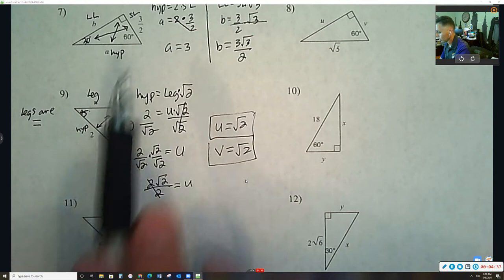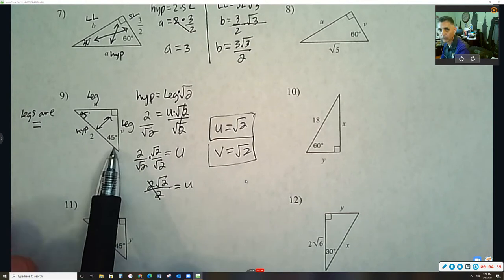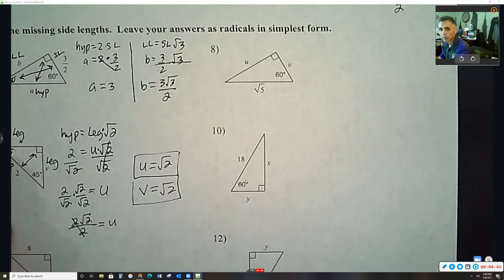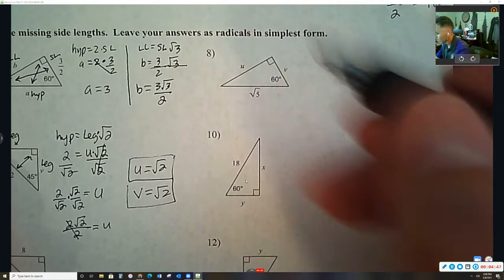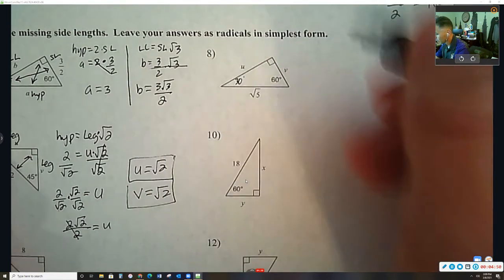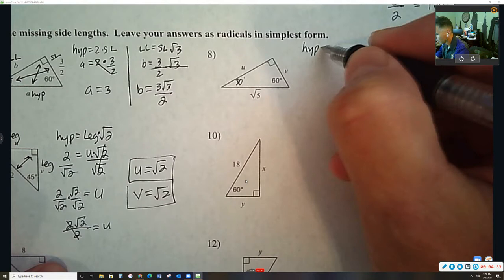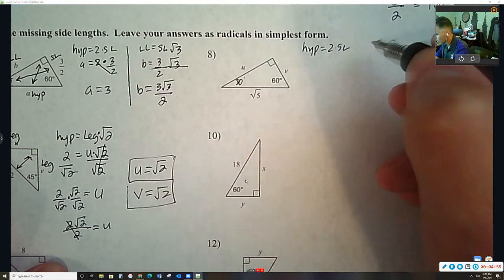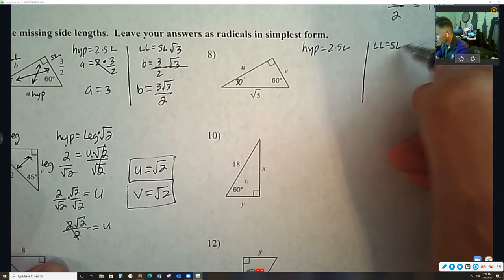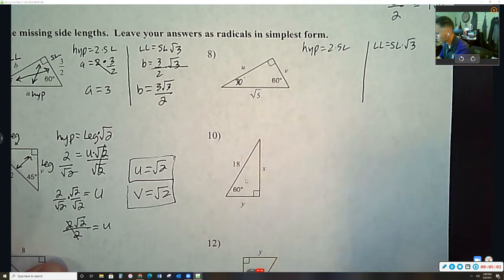So now that's the 45-45-90. I'm going to come over here to number 8 and do number 8 with you. Again, because I know it's a 30-60-90 triangle, because that's 60, I'm going to write down the two equations for the properties of a 30-60-90 triangle.